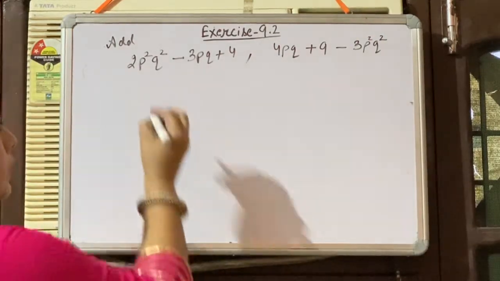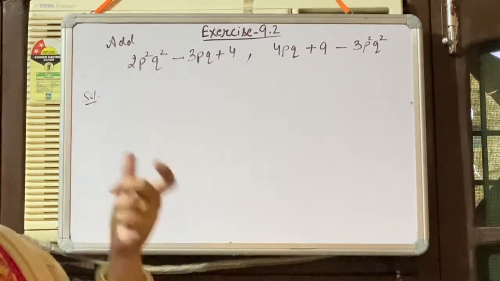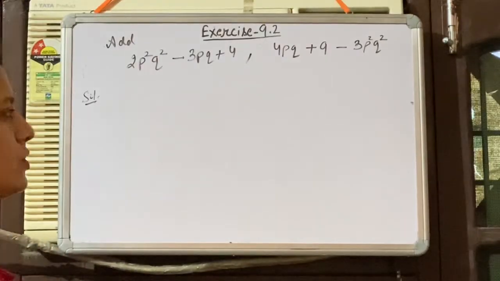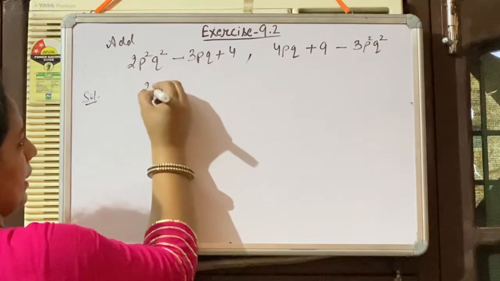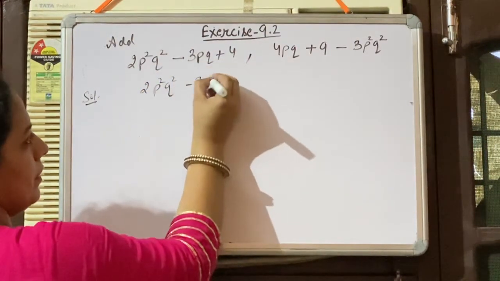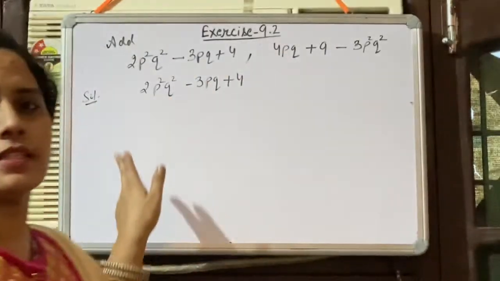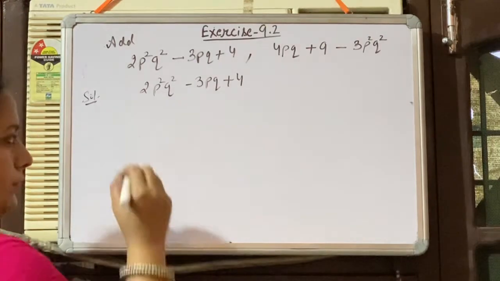So first of all, write the first algebraic expression in the first row. So here we have 2p square q square minus 3pq plus 4, and the second in the second row, but match the like terms.